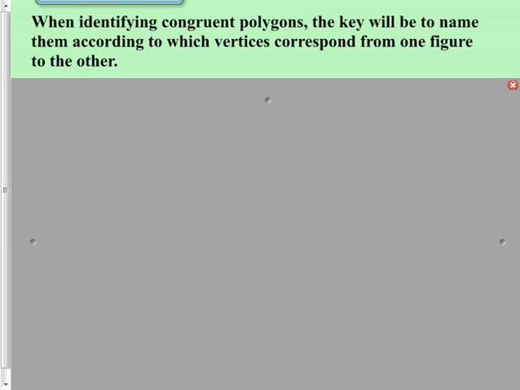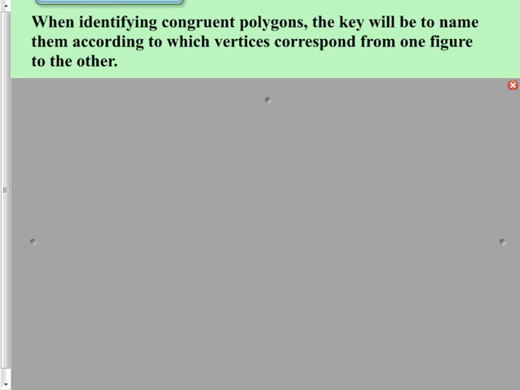Okay, now when we are identifying congruent polygons, there is a way that they have to be named. Just like everything else in geometry, we have a rule for how to name them. And the rule is going to be to name them according to which vertices correspond from one figure to the other. So again, remember, they don't correspond because they're sitting in the same positions.